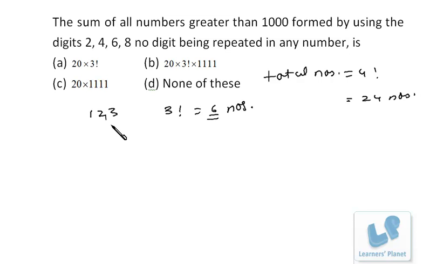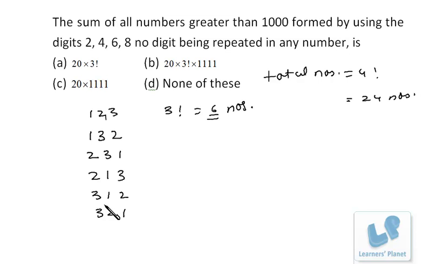Now I write down all the 6 numbers: 123, 132, then 231, 213, then 312, 321. These are all the 6 numbers that I get by arranging the 3 digits 1, 2, 3.